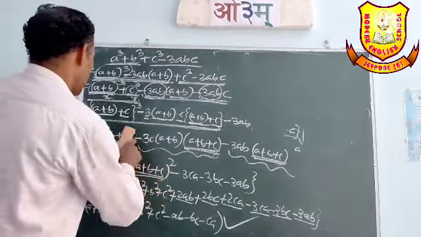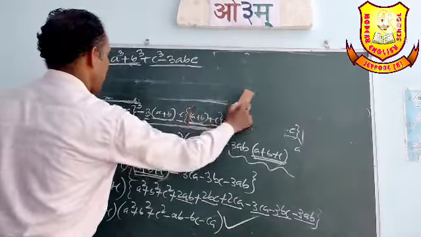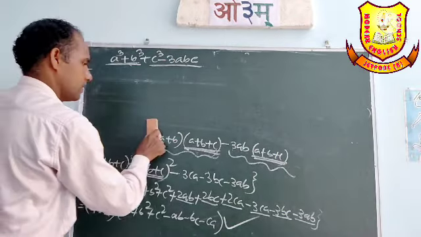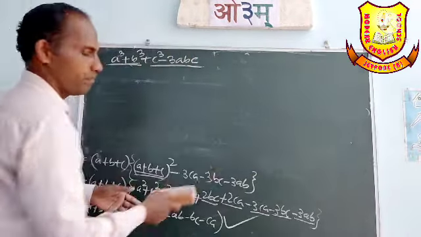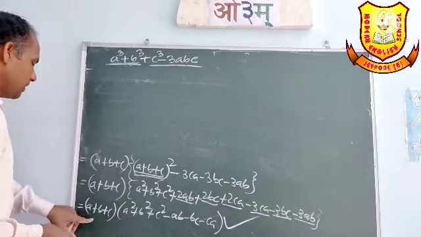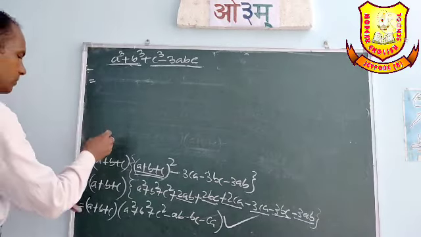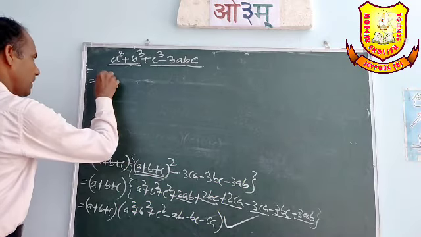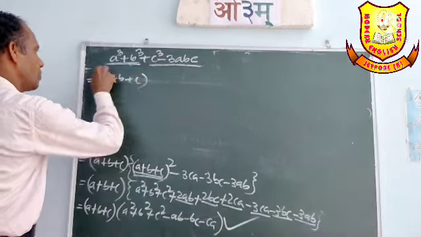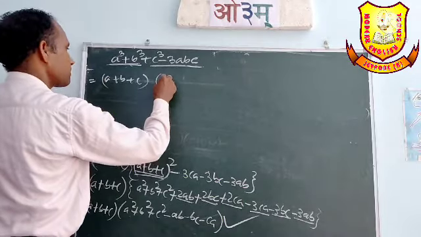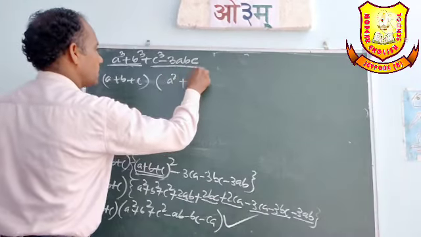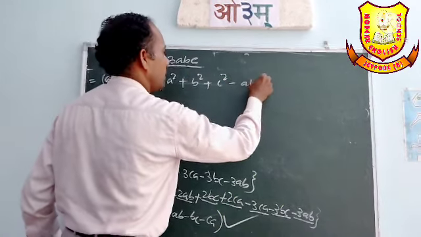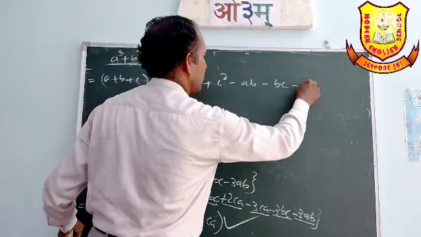The first formula is already derived. Second formula: (a plus b plus c) whole into a square plus b square plus c square minus ab minus bc minus ca.